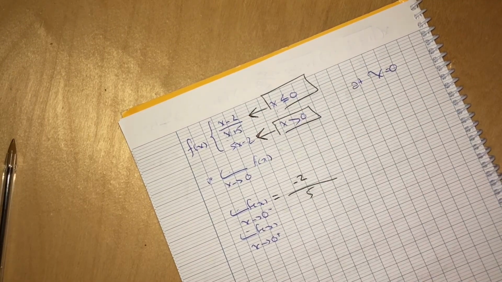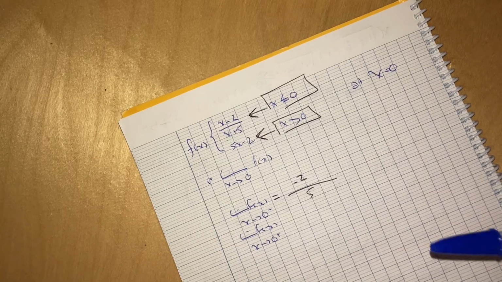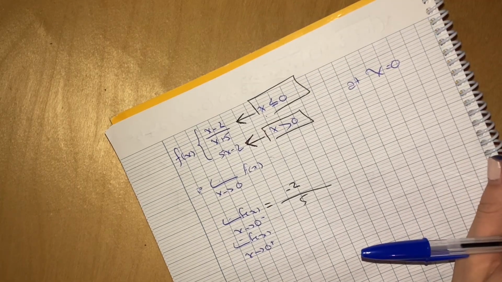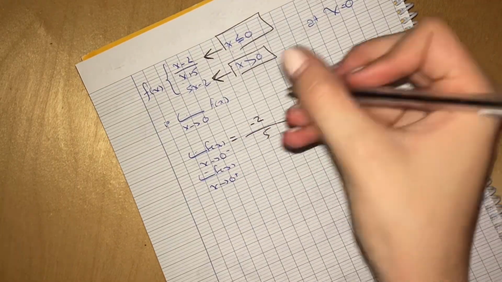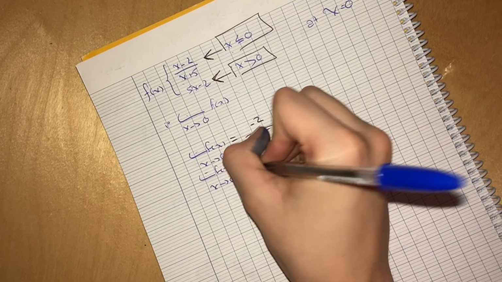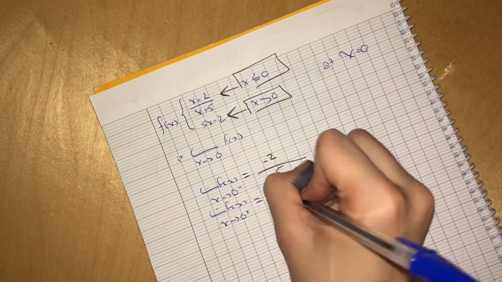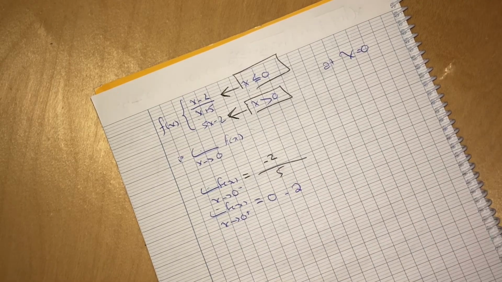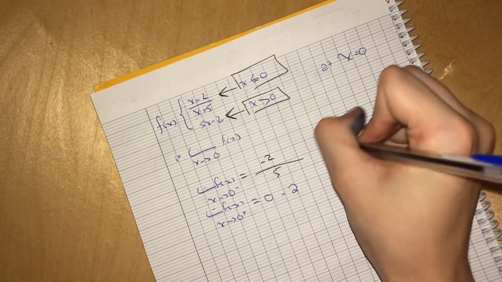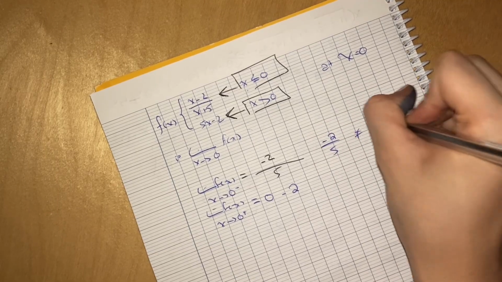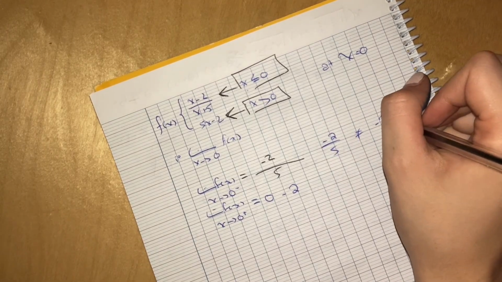So you plug it into this expression, which is going to be equal to 5 times 0 is 0, minus 2 is going to stay minus 2. So first of all, does the limit of f of x as x tends towards 0 exist? No, because minus 2 over 5 is not equal to minus 2.